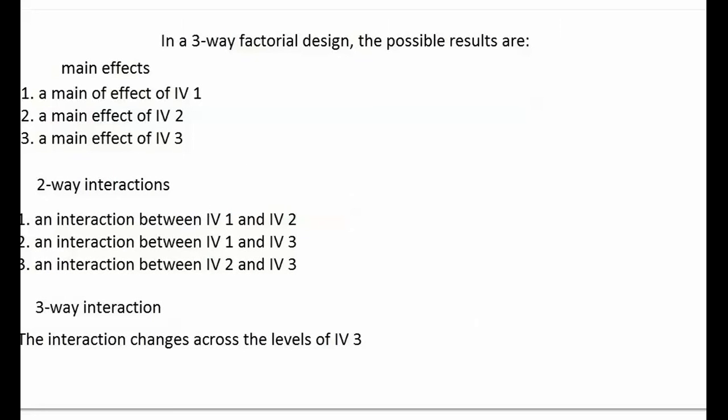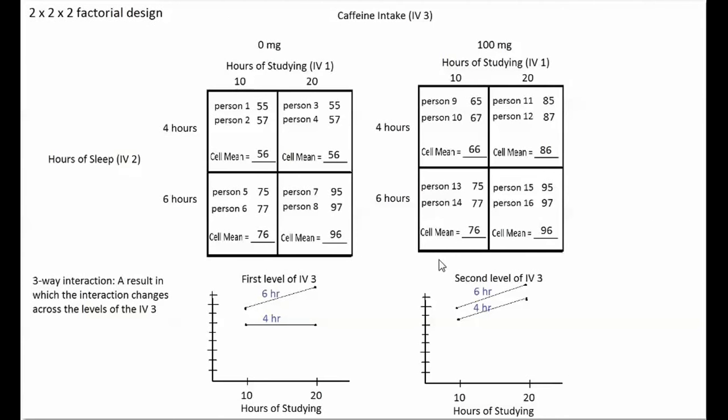Let's start with the main effects. In a 2x2x2 factorial design, the main effects aren't quite as straightforward because it's not just the difference between the two column means and the two row means anymore.